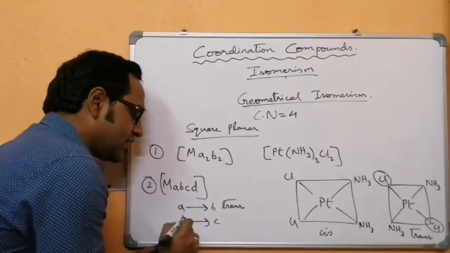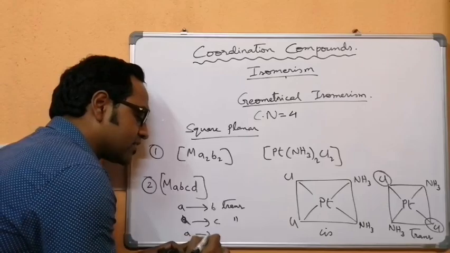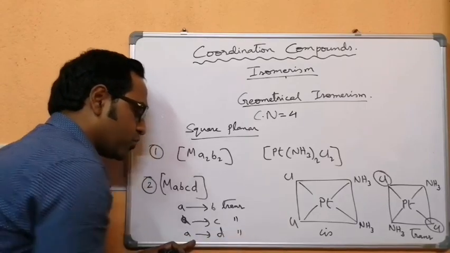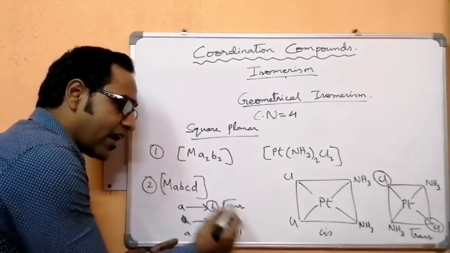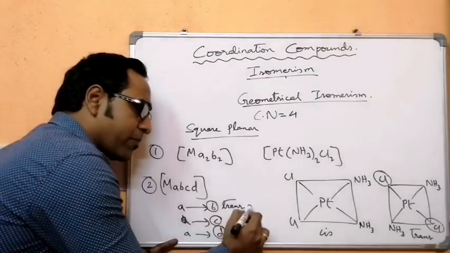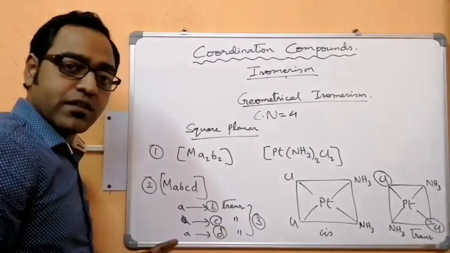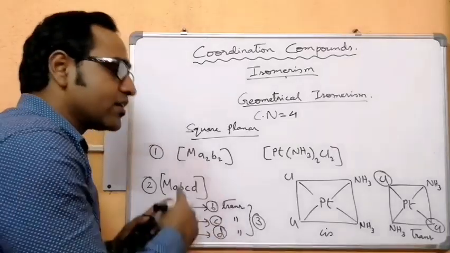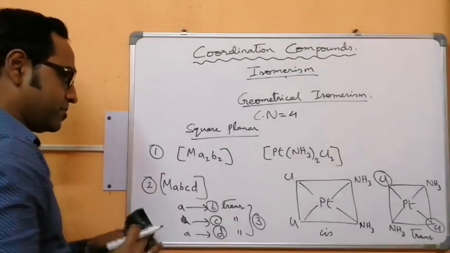Keep B at trans position, then C at trans position, then D at trans position. So a maximum of 3 geometrical isomers is possible. Now I will show you the structures of the 3 geometrical isomers with an example.